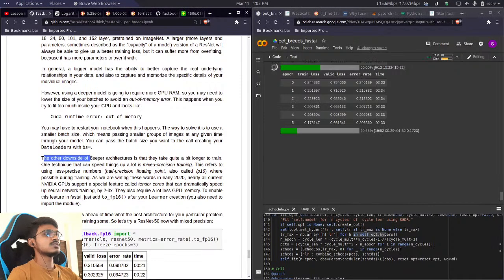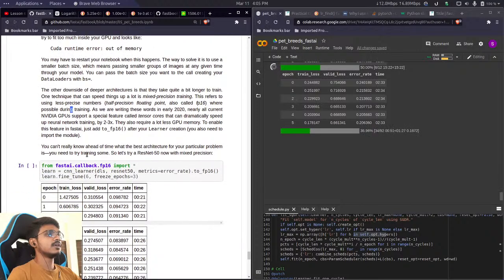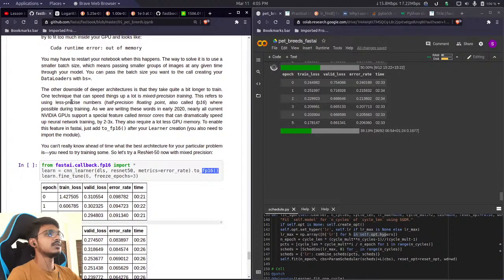The other downside of deeper architectures is that they take quite a bit longer to train. One technique that can speed things up a lot is mixed precision training. This refers to using less precise numbers, half precision floating point, also called FP16, where possible during training. We are writing these words in early 2020, and nearly all current NVIDIA GPUs support a special feature called tensor cores that can dramatically speed up neural network training by 2 to 3x.